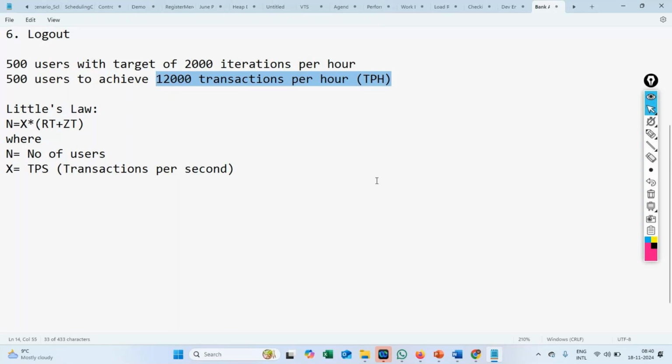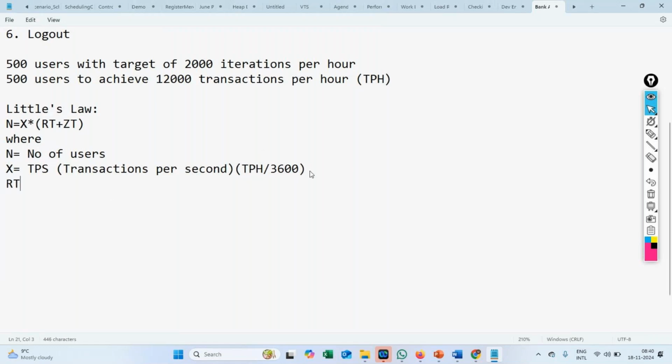Why? Because 1 hour consists of 60 minutes and each minute consists of 60 seconds. So 60 into 60 is 3600. So if you divide TPH by 3600, you will get the X value. Simple. I can make a note here for you: TPH divided by 3600.